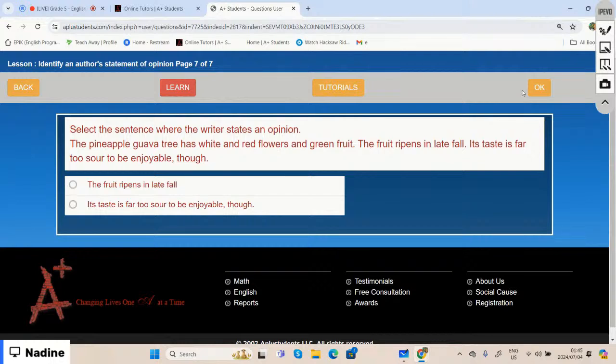All right. It says the pineapple guava tree has white and red flowers and green fruit. The fruit ripens in late fall. Its taste is far too sour to be enjoyable.